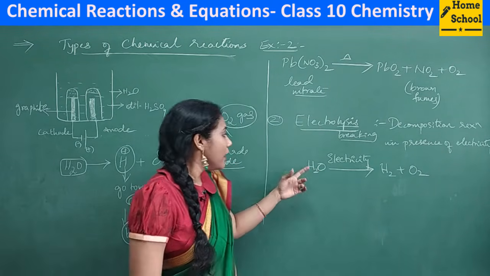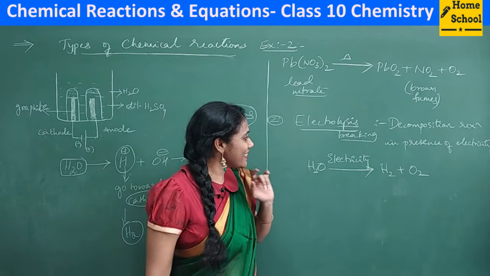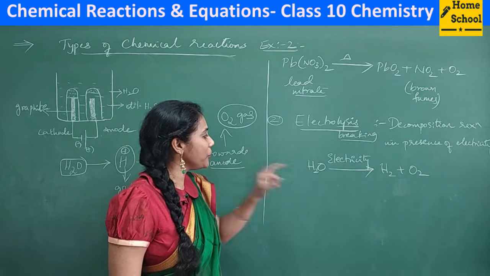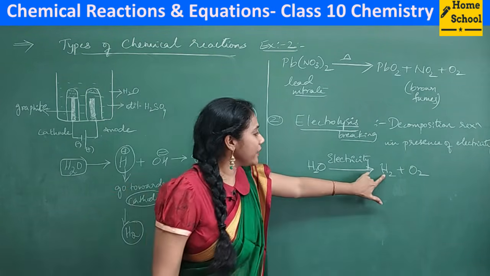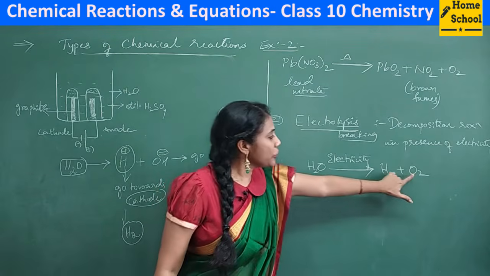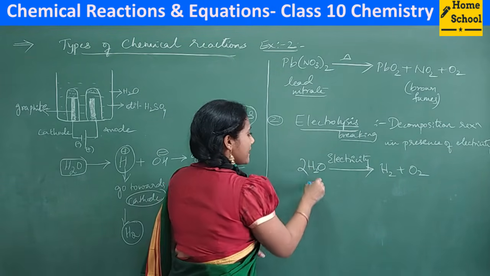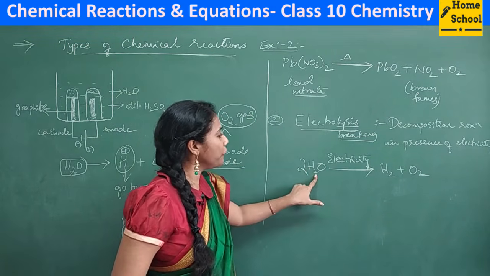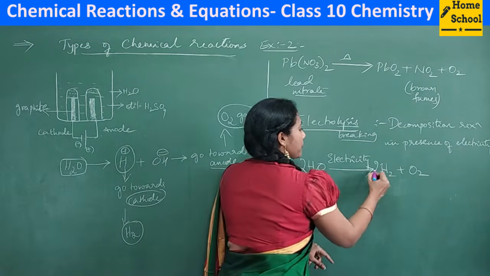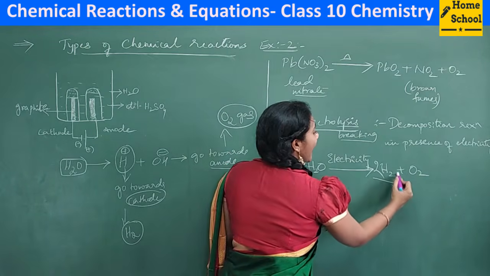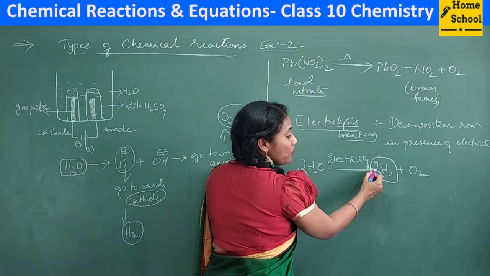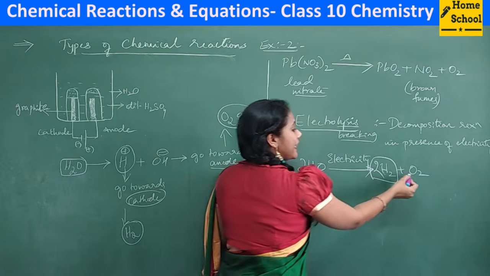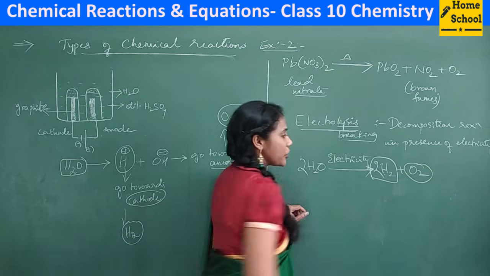You balance this reaction and check how much you get. Two hydrogens, one oxygen, two oxygens. So I'll balance this: hydrogens, 2 into 2, 4, and here 2. So you see, 2 molecules of H2 you are getting and 1 molecule of oxygen you are getting.